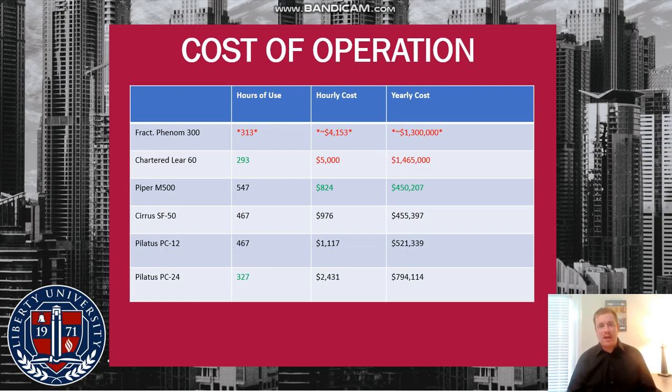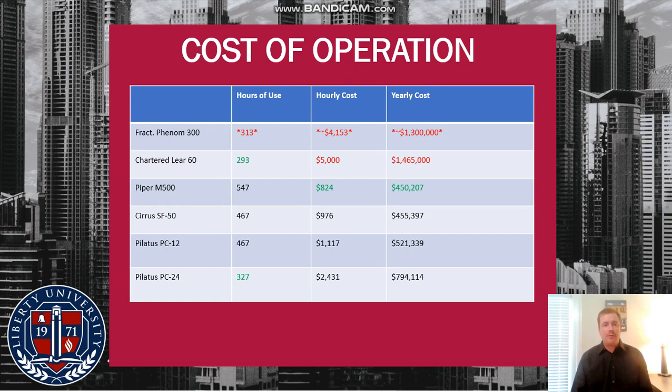We can see here that the fractional ownership of the Phenom 300, you would have to purchase more than one share of the 1/16th share to fit 313 hours of use. The fastest time, or rather the least amount of hours used, is the chartered Lear, but as mentioned before, it quickly becomes very expensive because of its hourly cost.